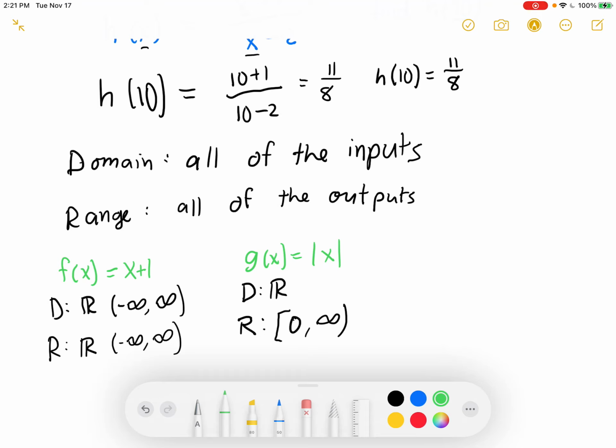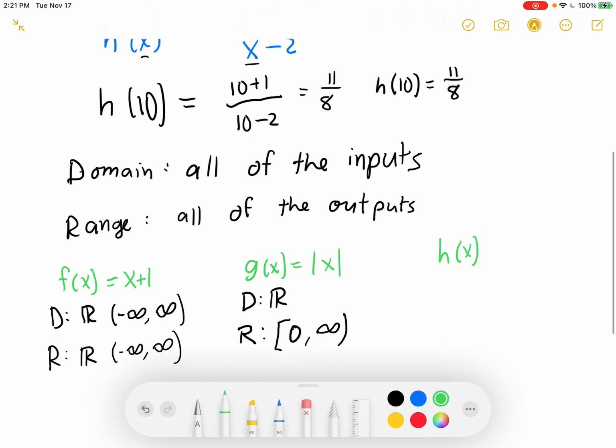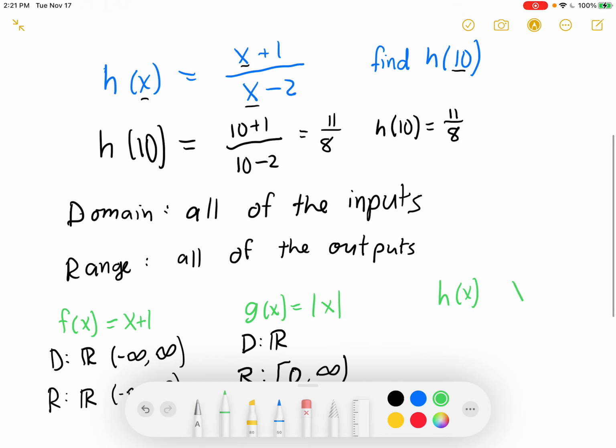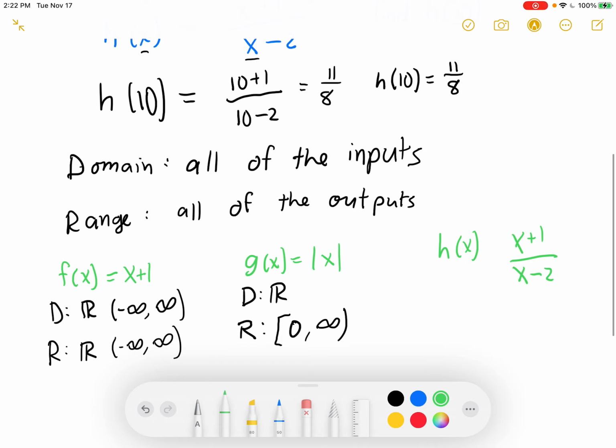The last thing we have to keep in mind is, let's go ahead and try h of x. So in this case, we can go ahead and plug in just about anything for the domain, any number we want.